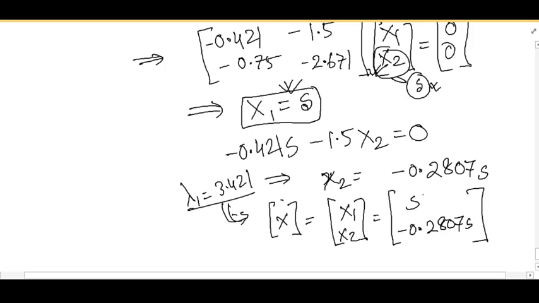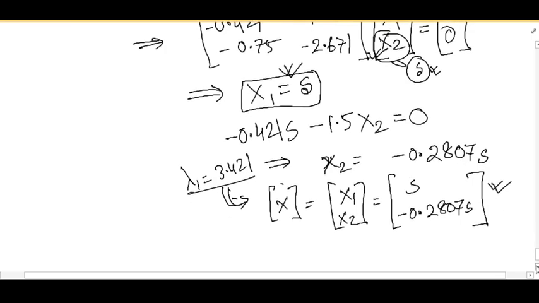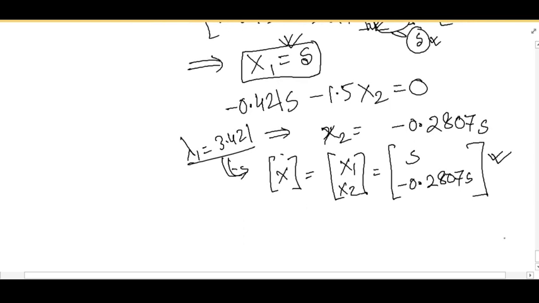The s is nothing but a scalar multiplier, so the ratio will always be the same, because this is not a single solution but a set of solutions, for which a common form has been depicted here. For different values of s you will get all the solutions. So if you assume x2 equals s, it will not make any variation. The answer will be similar. It's up to you which one you assume as s.